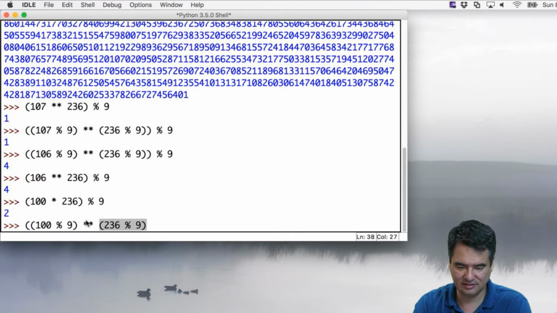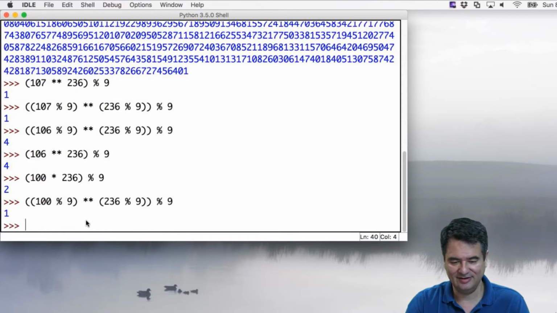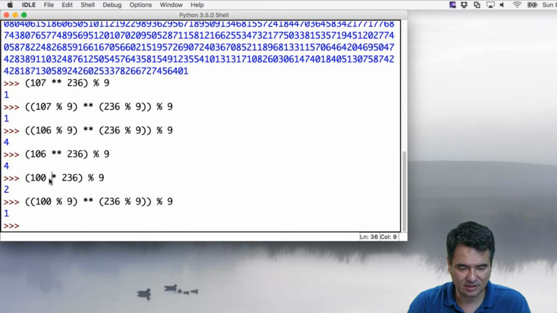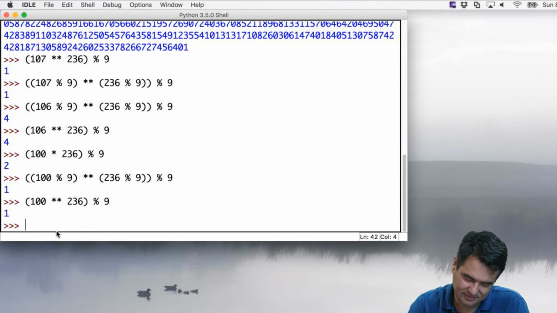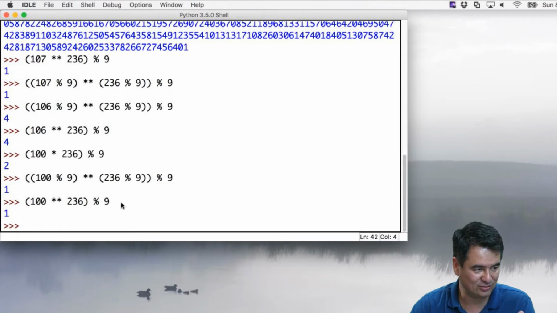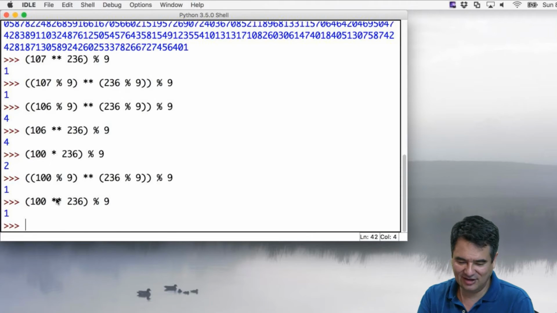All mod 9. This better not work. Okay. Whew. All right. There's an example of it not being equivalent. So right here, oh my gosh, I see I made a fatal error. Comes out the same. I think this is because we're using modulo 9. I apologize for this. It's all coming out the same.